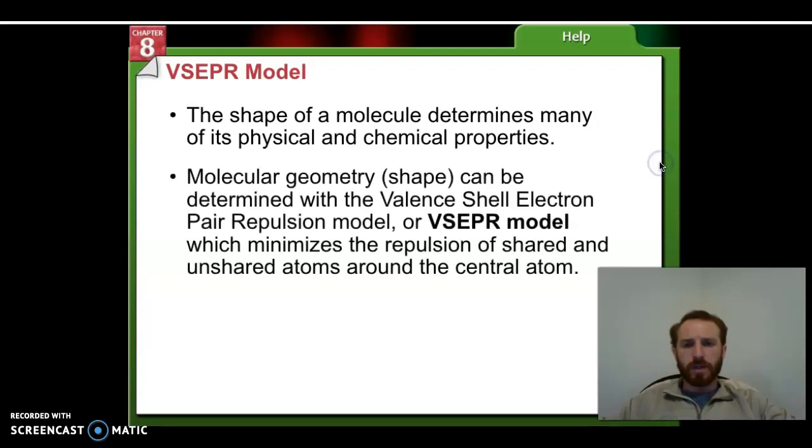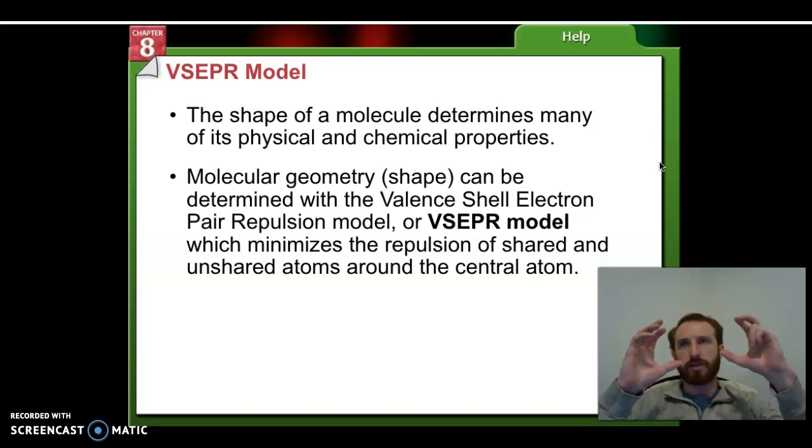Okay. So the molecular geometry, we can determine this with what's called the valence shell electron pair repulsion model, or VSEPR model, and it's talking about how electrons want to avoid each other as much as possible. So you're always going to have electrons that are in bonds and electrons that are on their own as far away from each other as possible.